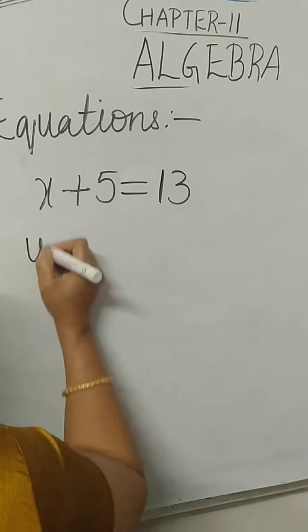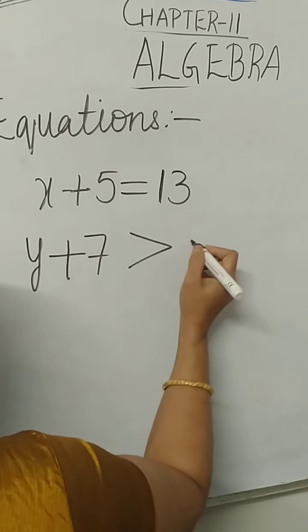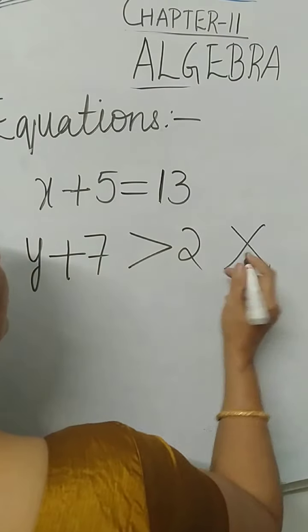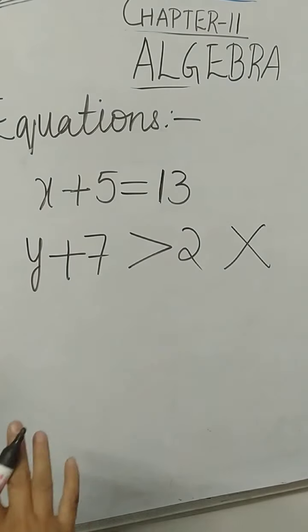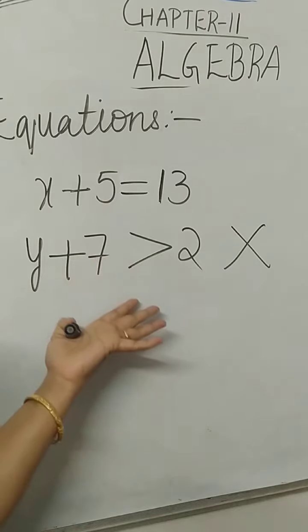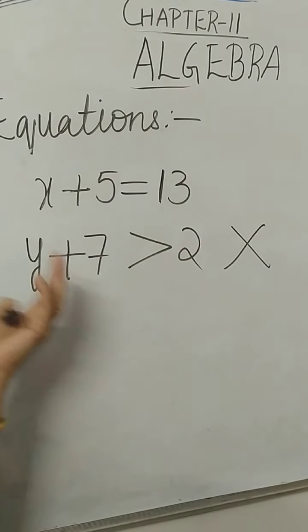Now look here. Y plus 7 is greater than 2. Is this an equation? No, it is not an equation because it is greater than. It does not give a proper value. It may be greater by 15 or greater by 100 or greater by 1000, whatever it is.